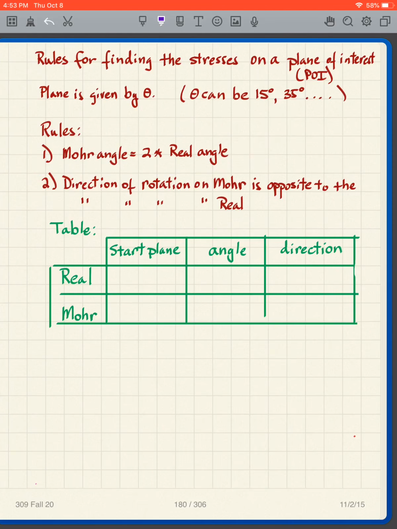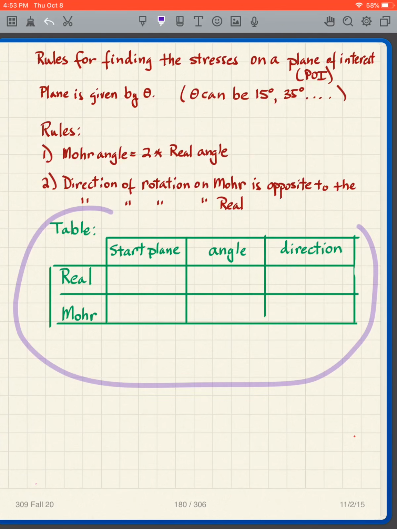Direction of rotation, when we're looking at the Mohr diagram. So we're going to create this table that is going to help us get around the Mohr circle.